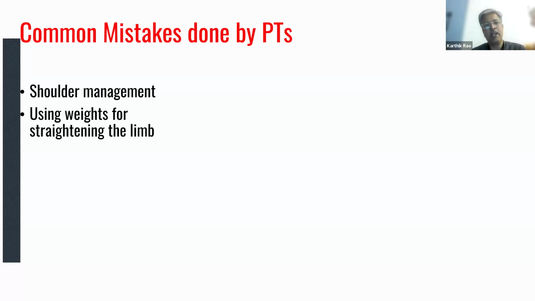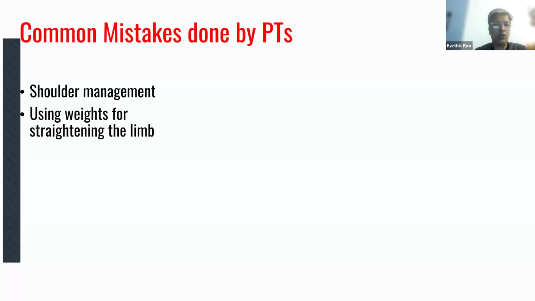Not so. Why? Because the moment you use weight on the limb, the person, instead of actually relaxing the biceps, is going to activate, because the weight is going to act as a resistance. Now we know that when a muscle has to work against a resistance, the muscles become stronger, right?